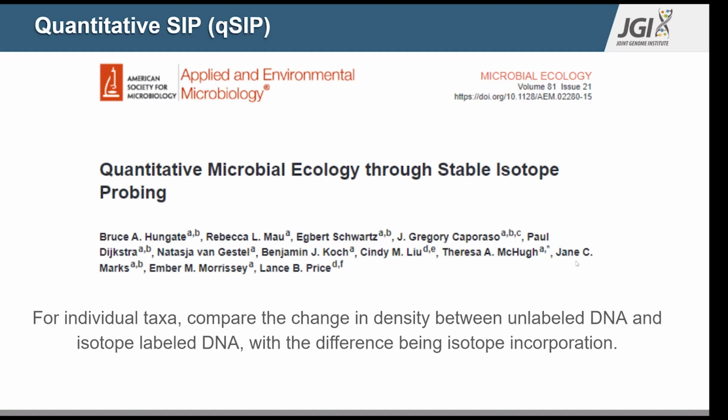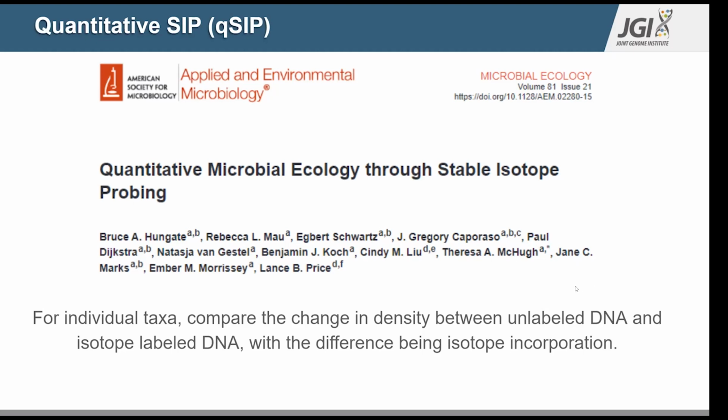And basically, for individual taxa, you can compare the change in density between unlabeled DNA, so this is DNA from microbes incubated in natural isotopic ratio media, and compare that to isotope labeled DNA, so DNA from microbes from isotopically enriched media.